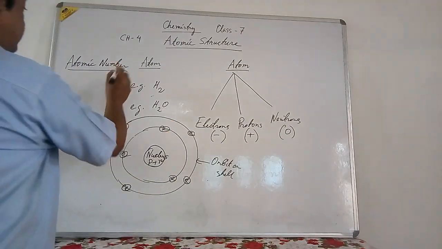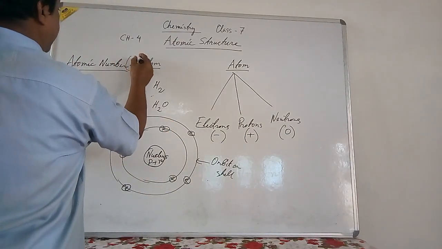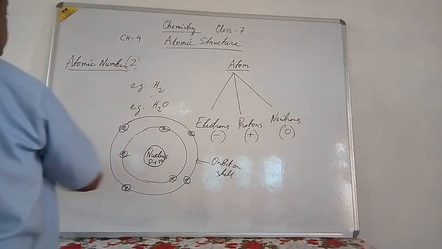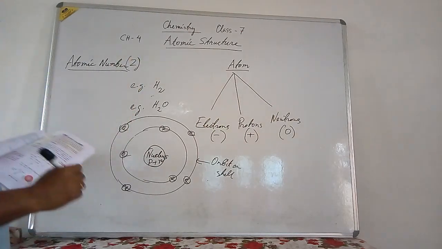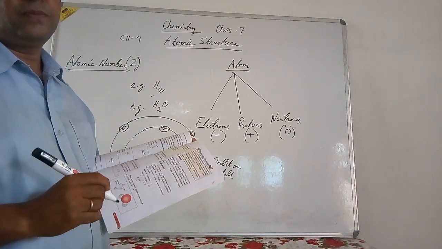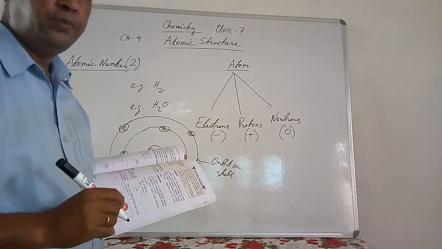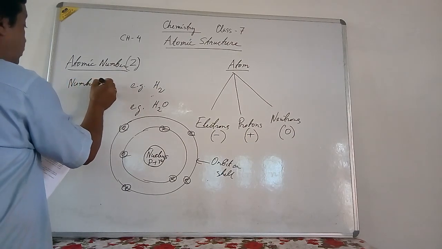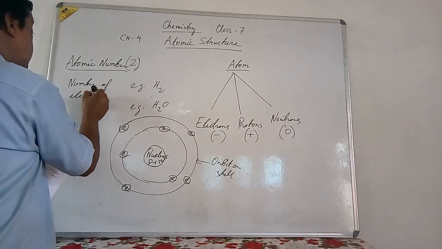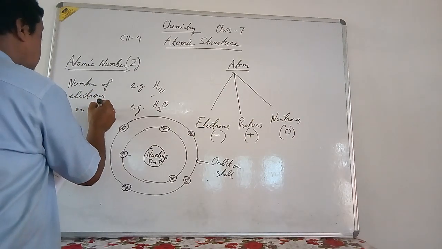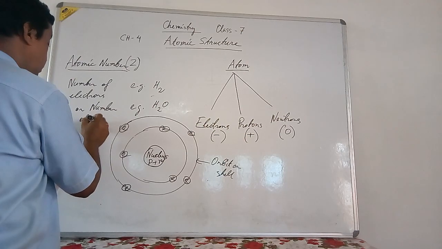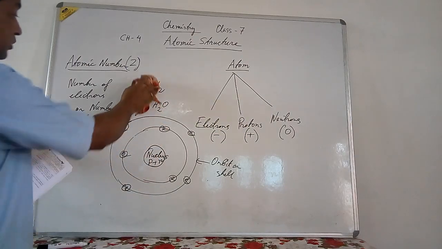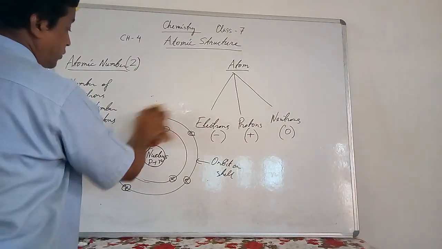Atomic number is denoted by the symbol capital Z. Atomic number means the number of electrons or the number of protons, because in an atom the number of electrons and the number of protons are equal.